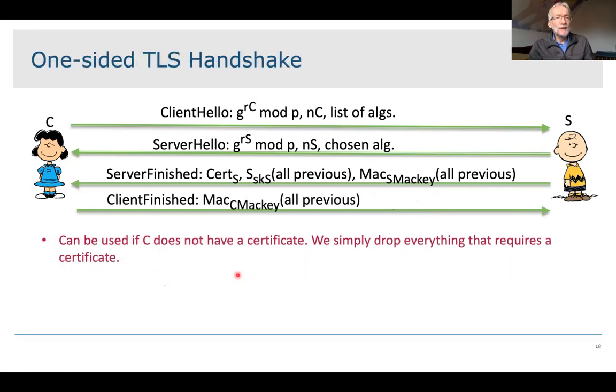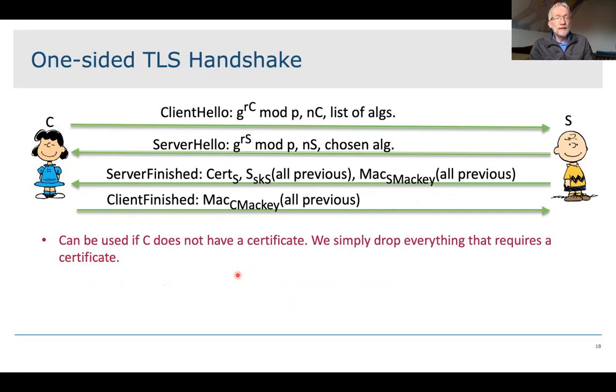There are some variants of the handshake. One variant is this one-sided so-called handshake, which pertains to an important use case for TLS, namely that you often want to execute it in a case where you cannot do it according to the original description, because C, the client, does not have a certificate and a secret signature key.